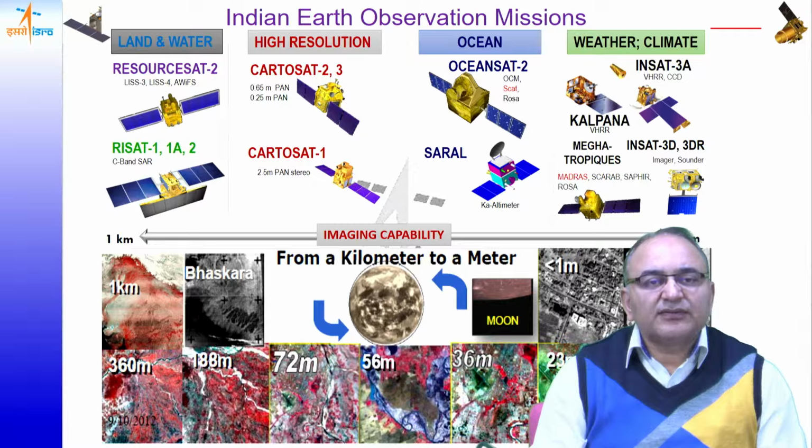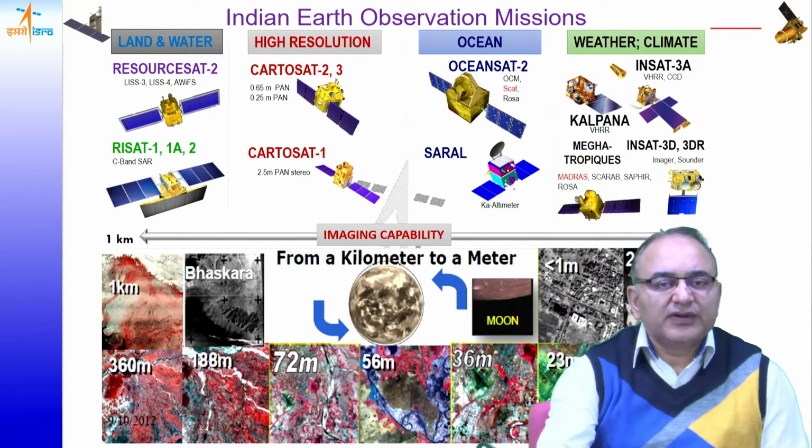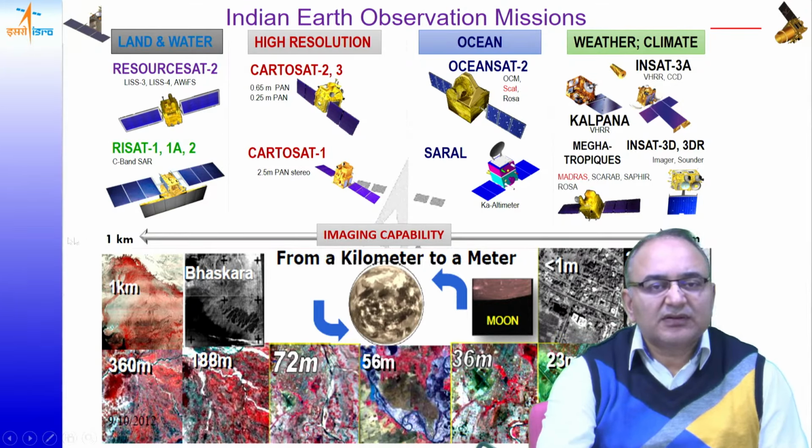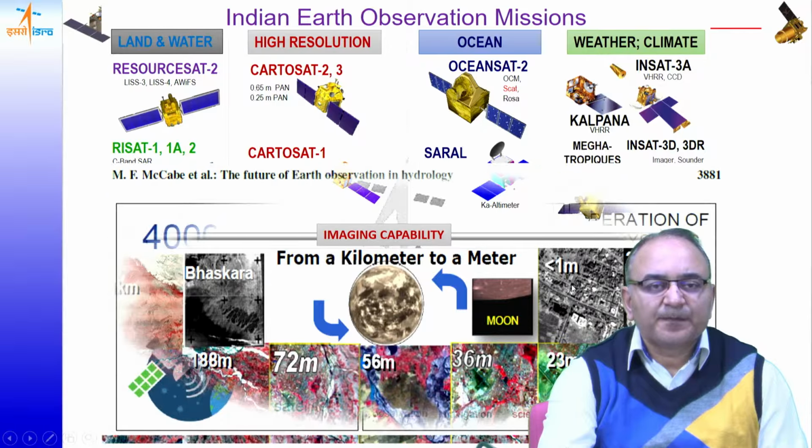And for cartography and elevation information, we have Cartosat-2, 3 and Cartosat-1 series. And for weather and climate, we have the INSAT series and the Megha-Tropiques, which is dedicated to the weather. And for the water level, we have SARAL-AltiKa. So we have different sets of satellites which cover from some meters to the kilometer range, and from a few minutes to a 24 day temporal interval.